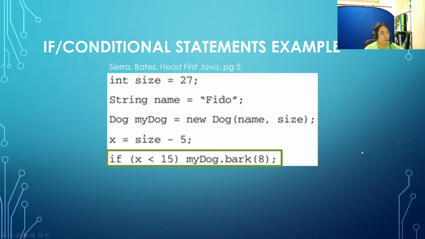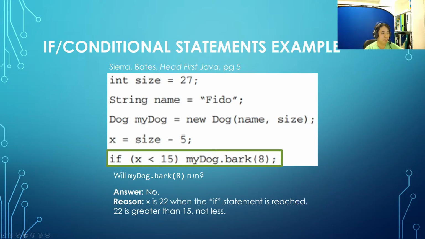For example, this is what we did just last week. I'm sure everyone knows this already, but we have this if statement that compares x to 15. If x is smaller than 15, we have our dog bark 8 times. This is pretty much the question I asked last week, so I'm not going to go through it too much.